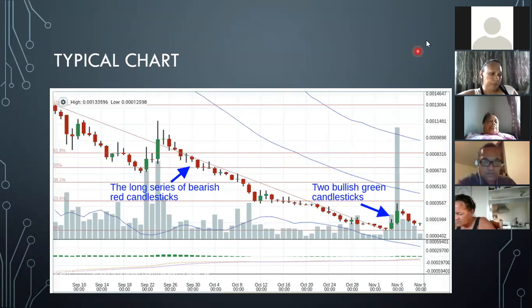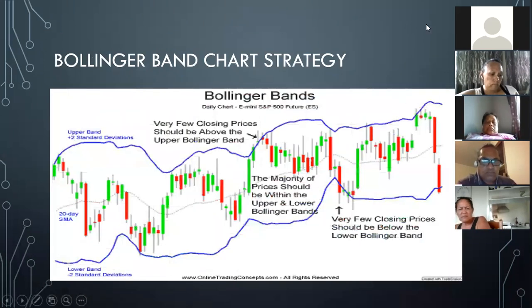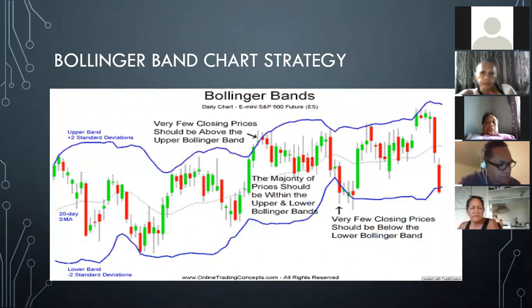The next thing we're going to talk about, whānau, is the Bollinger Band. These are our indicator methods that we're going to be applying when we start live trading. The Bollinger Band chart strategy. Now what you viewed is just the basic look of a chart. When you start to trade using the Bollinger Band methods, what we're applying to the chart is the Bollinger Band.